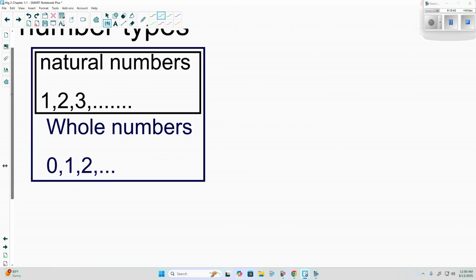Whole numbers just add 0. Natural numbers was our N. Anybody have a guess at what the whole number symbol is? There isn't one. But we can use W. Because the only thing that whole numbers added was exactly 0. So whole numbers add 0.